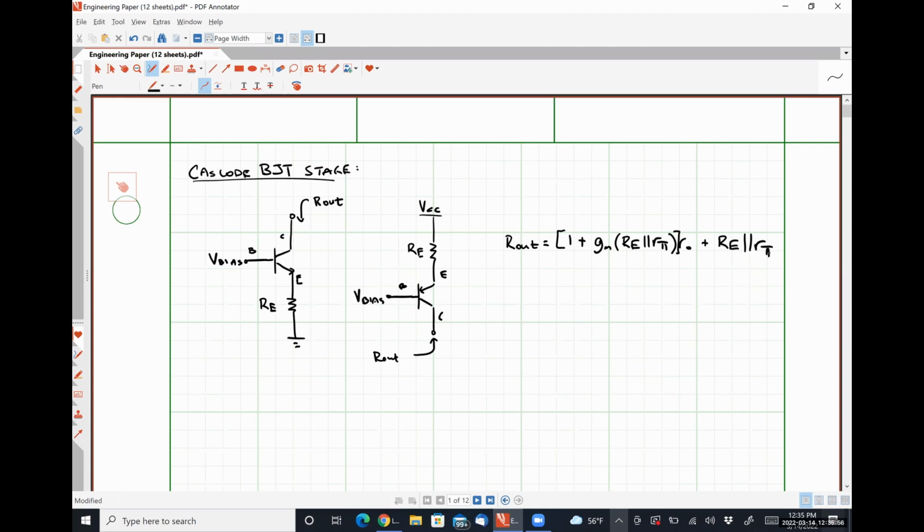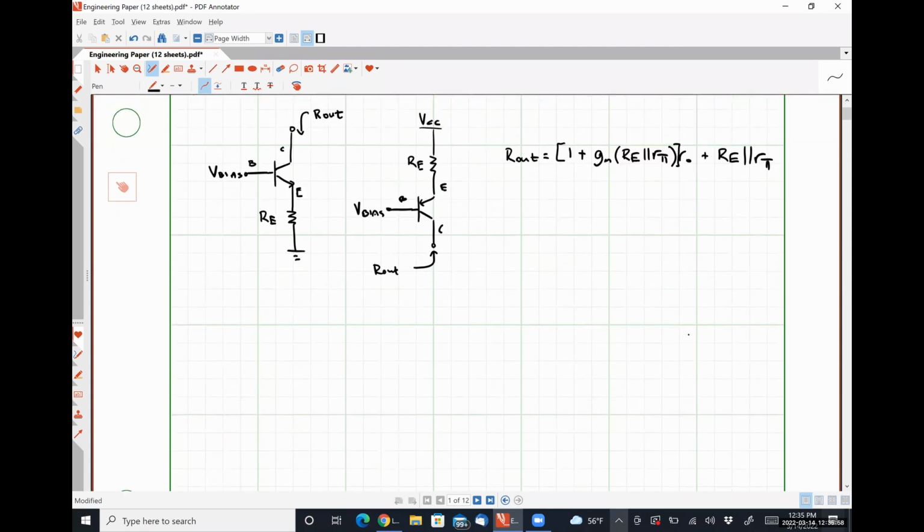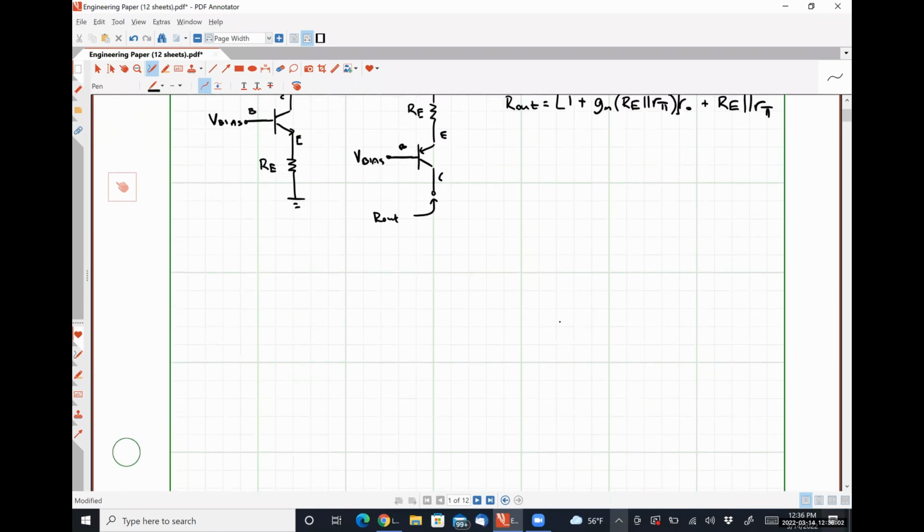So if we have a simple BJT current source like so, here's the bias, here's R out. Let's say that IC is equal to 1 milliamp and VA is equal to 5 volts.